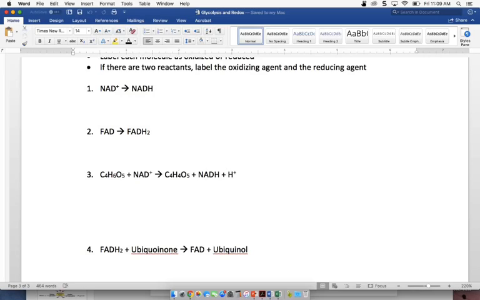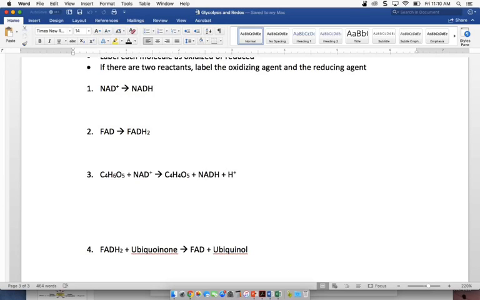The reason why I'm giving these 4 particular examples is that these are ones we see commonly within metabolism. The major molecules that are involved in redox reactions in prokaryotes: NADH, FADH2. Some photosynthetic ones are going to use NADPH, but that's not something we're going to cover. And then there's one other place that we see redox reactions, and that's the electron transport chain. So we'll spend a little bit of time looking at that later today.